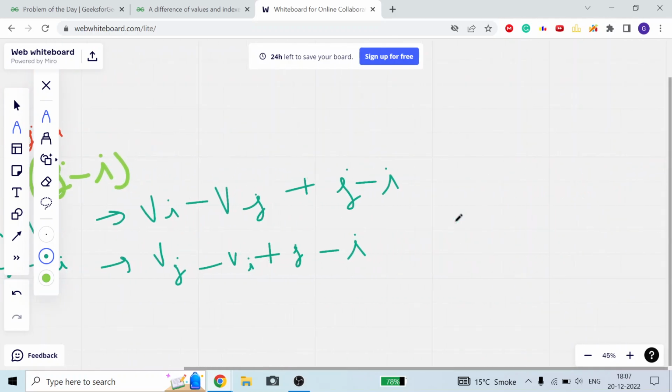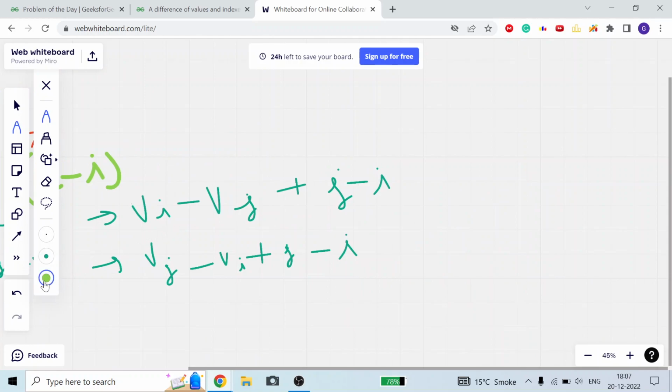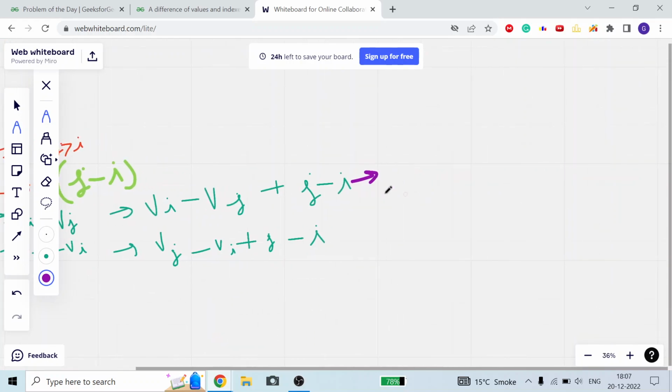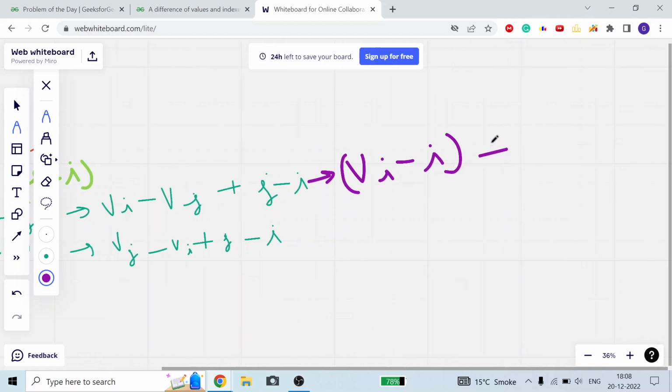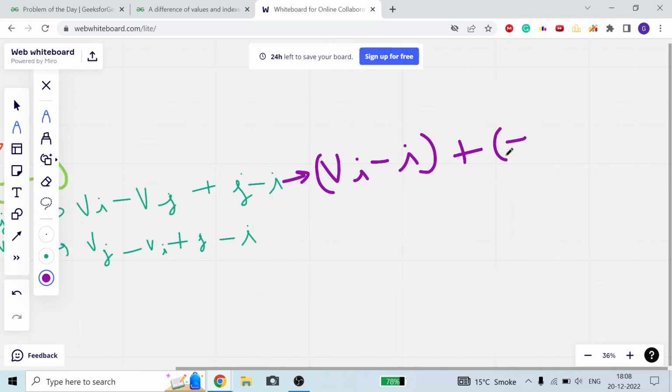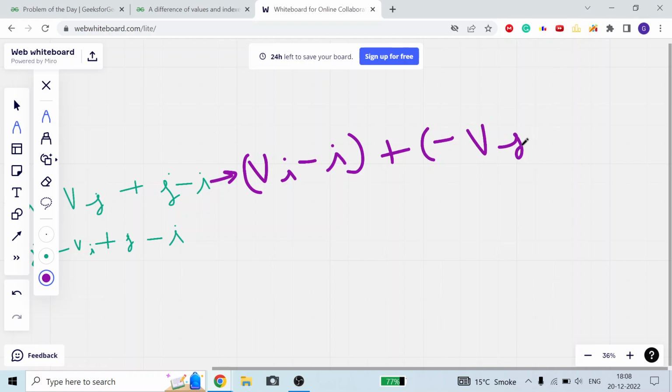Now what I can do is pair up the ith and jth elements together. vi minus i means the index and value difference between them without any modulo, plus vj minus vi plus j.